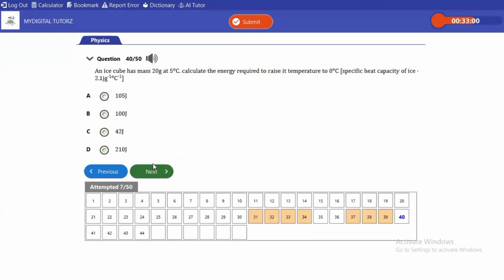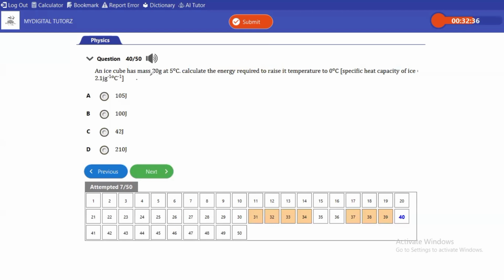So question 40 says, an ice cube has mass 220 grams at 5 degrees Celsius. Calculate the energy required to raise its temperature to 0 degrees Celsius, given that the specific heat capacity of ice is 2.1.